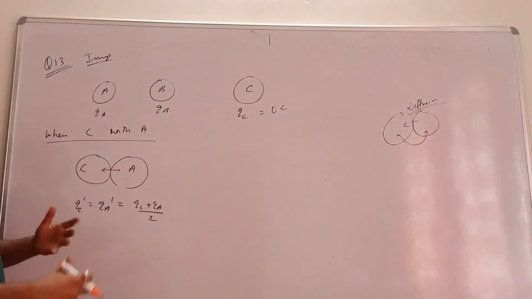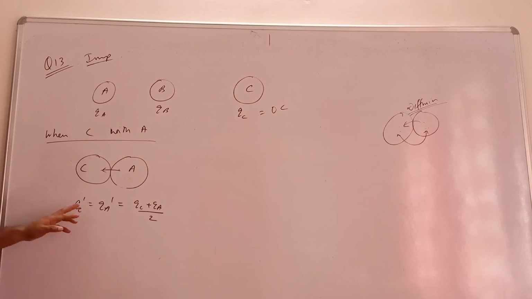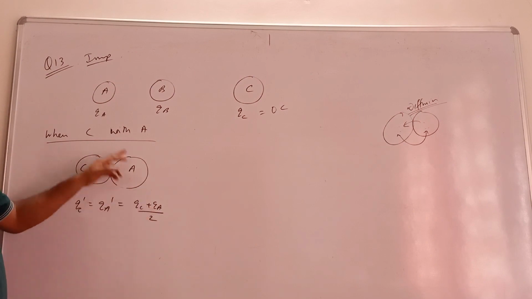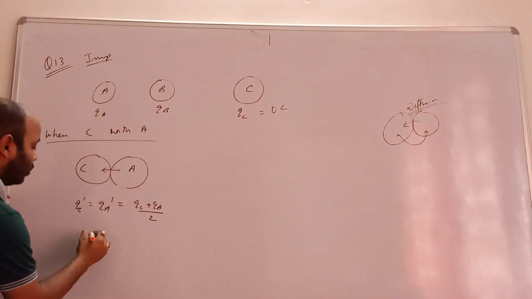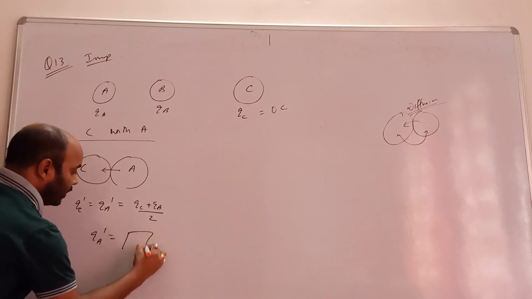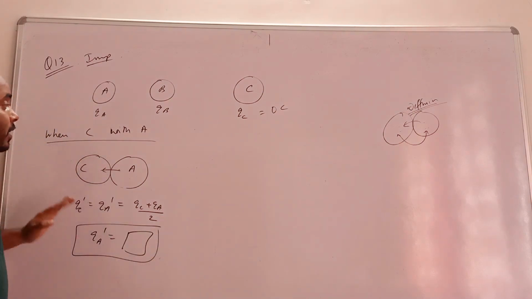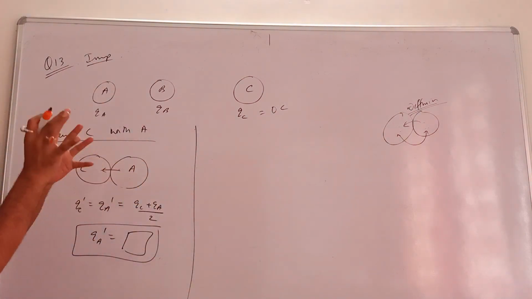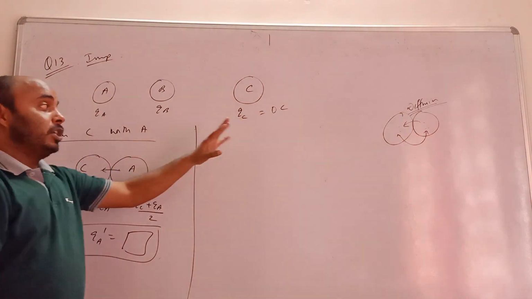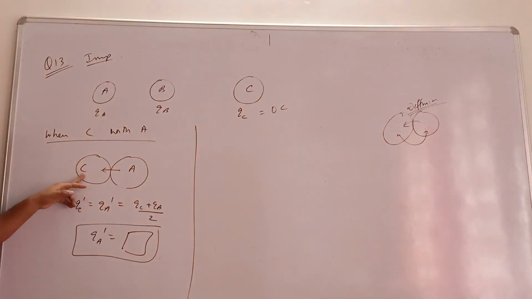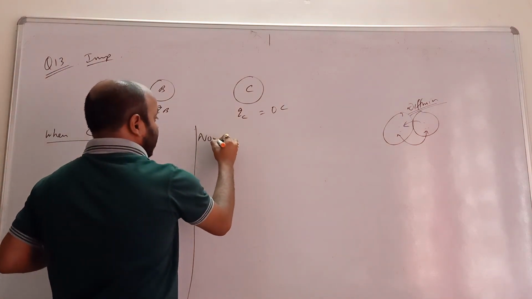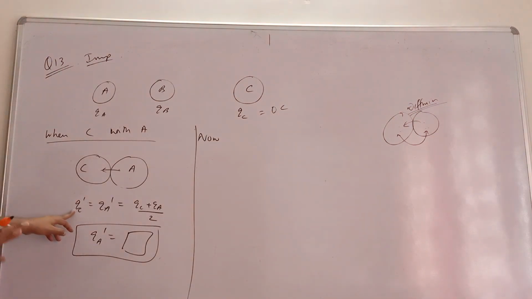Both will have equal charges. Initially QC was 0, QA you have, put that in and you will get the new charge at A. Now C, initially having 0 coulomb, was in contact with A. After contact with A, C acquires a charge QC dash. Now C is no more uncharged, it has some charge.